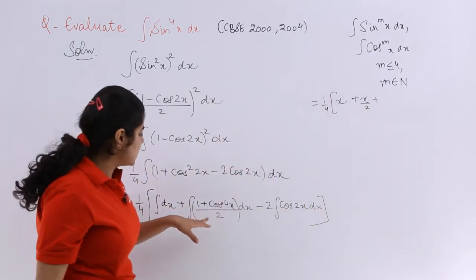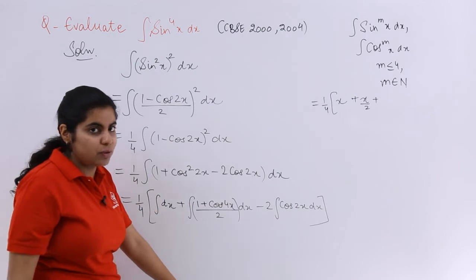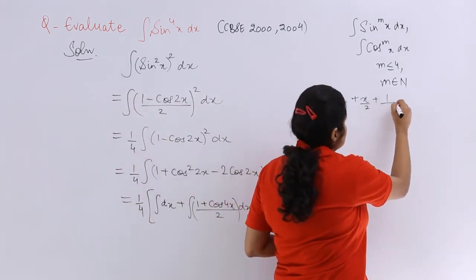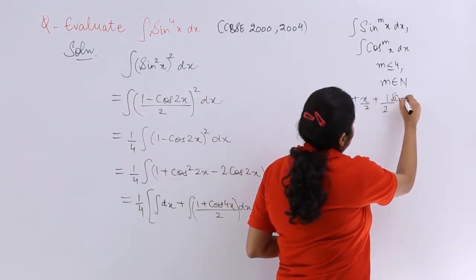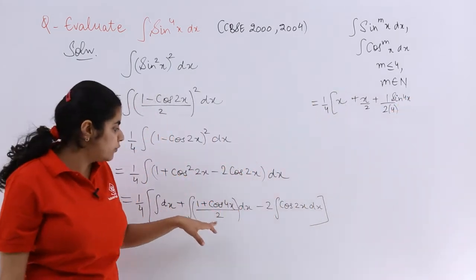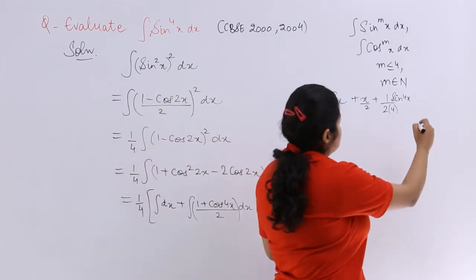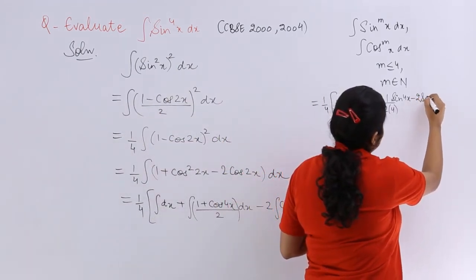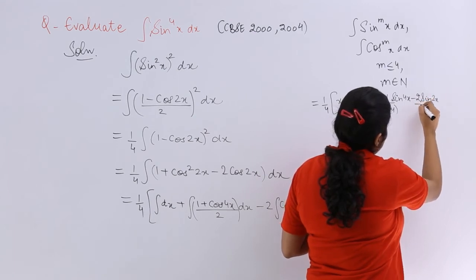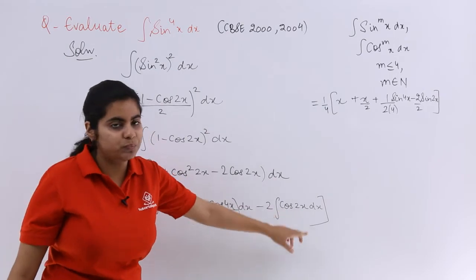Then plus 1 by 2 multiplied by the integration of cos 4x, which is sin 4x, so 1 by 2 and sin 4x, multiplied by 1 by 4 because of this 4. Then minus 2 sin 2x, and whole over 2 also has to be done because of this 2.